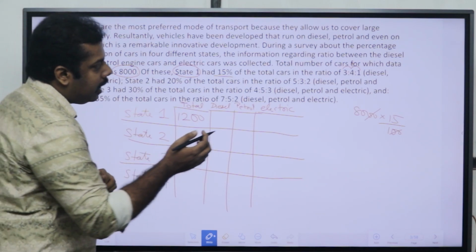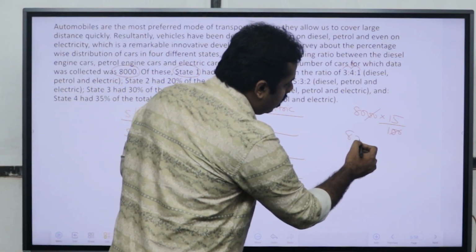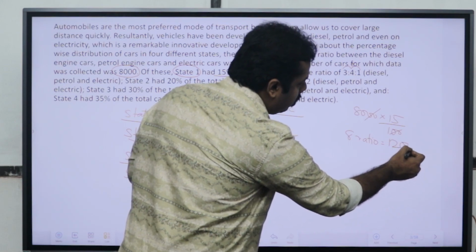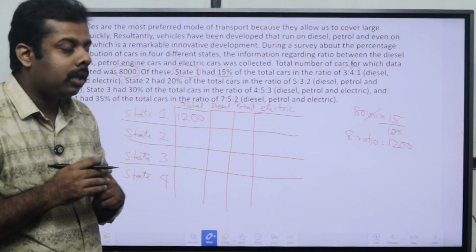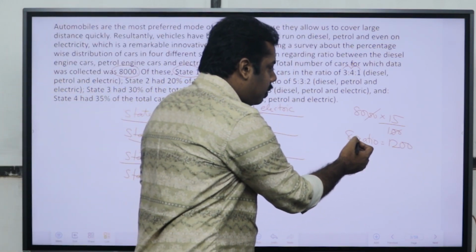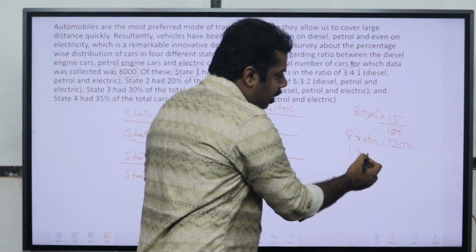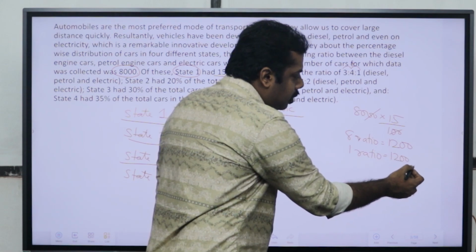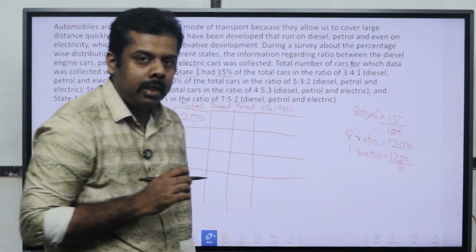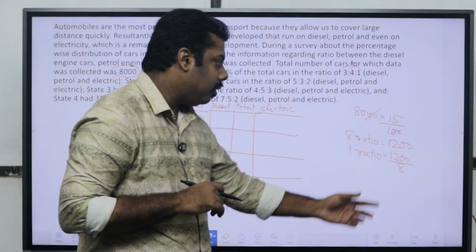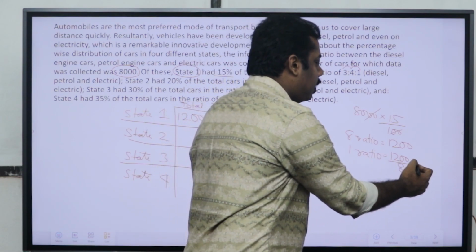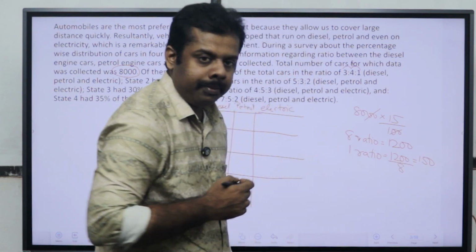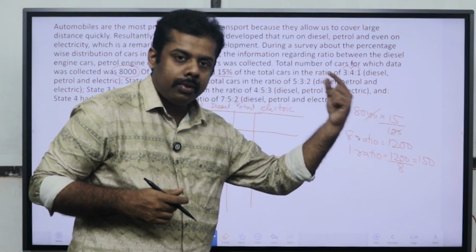So 8 ratio is equal to 1,200. Then 1 ratio will give us 1,200 divided by 8. Just dividing it, we get the value as 150. So we got 1 ratio as 150 here.